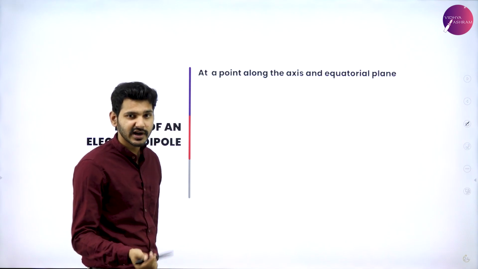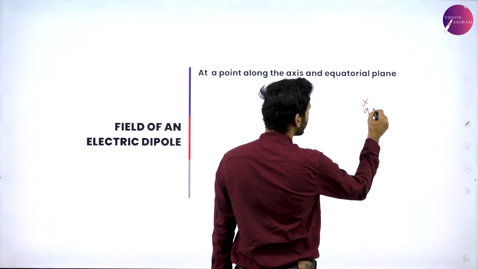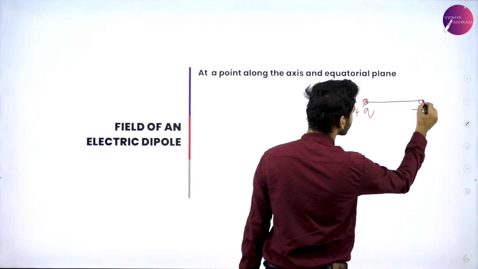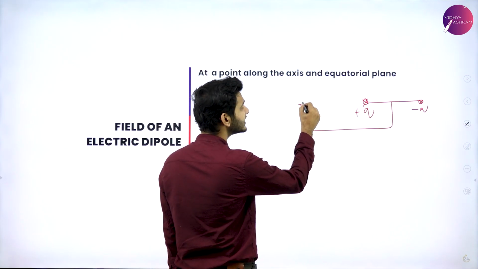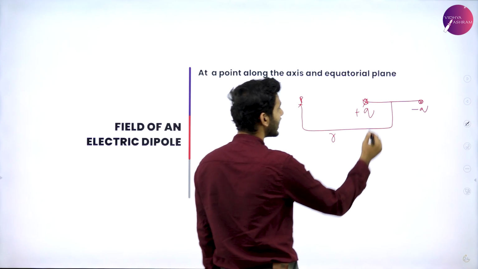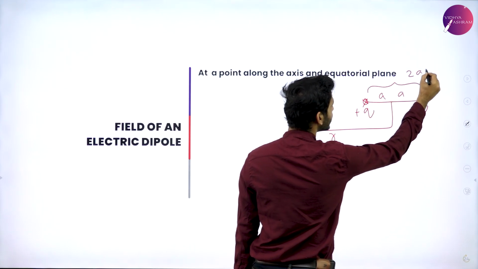So to simply summarize it up, what we did was we considered a dipole and a point P, r distance away from the center of the dipole, and the total length of the dipole is 2a.